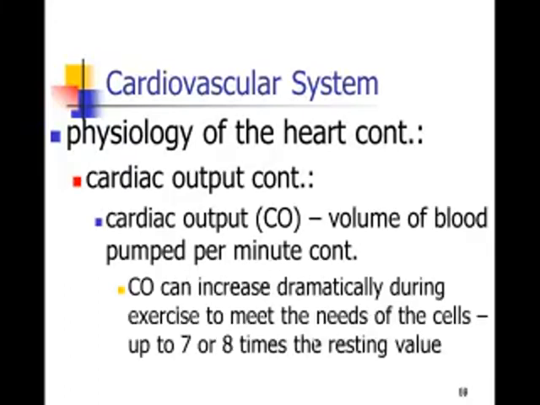We can have a dramatic increase in cardiac output up to 7 or 8 times the resting value during exercise. Obviously this is more work, and so there's a limit to how long this can be sustained, and if your heart isn't used to that kind of work, it could start to fatigue, which would be a bad thing.